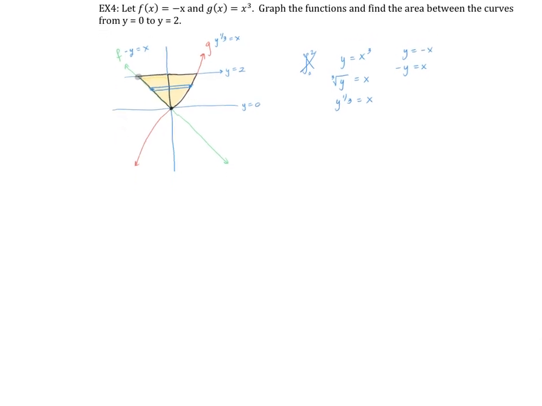Okay, now I'm going to set up my integral. My integral is going to go from 0 to 2. It's going to be y to the 1/3 minus a negative y, which would turn into a plus y, integrating with respect to y.